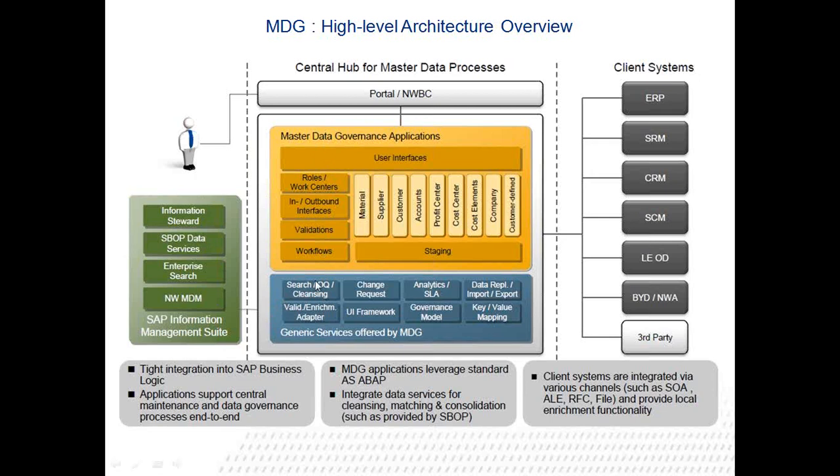Like that, we can do some data quality related operations. To do the data quality operations, you must connect to an SAP information management suite. That integration is possible in MDG. Then change request.